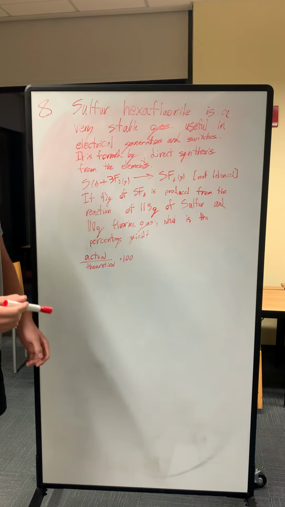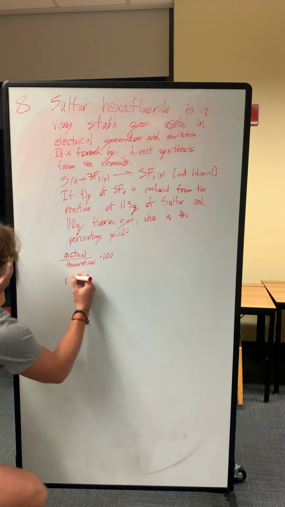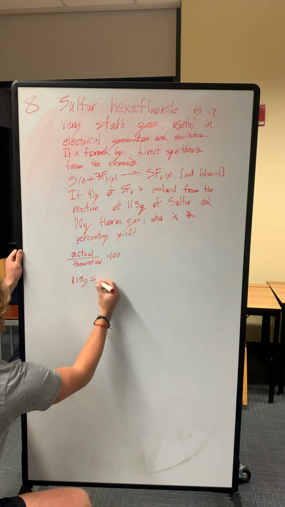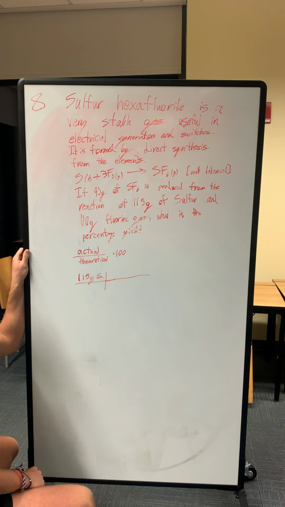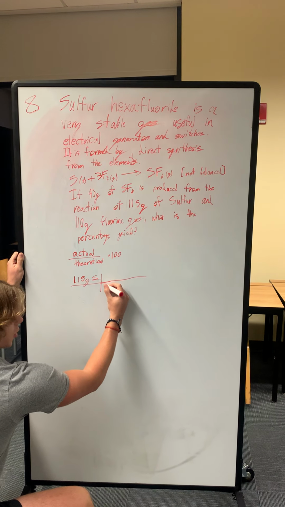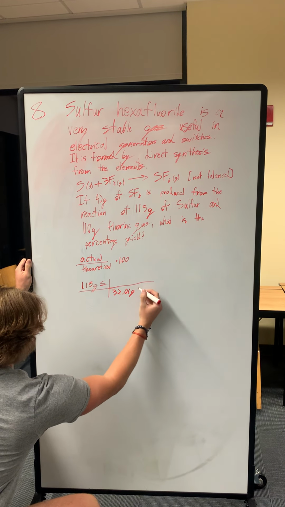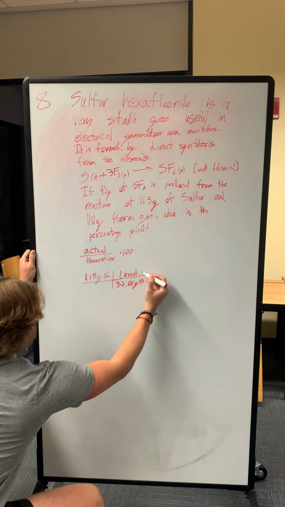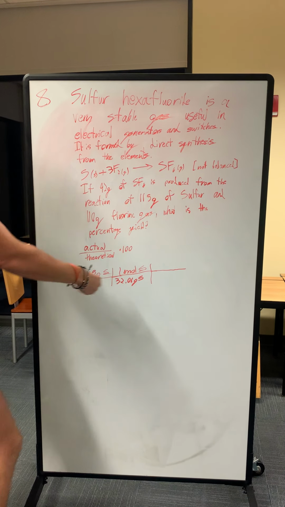To start off, you're gonna go 115 grams of sulfur. Right now you're gonna try to find your moles of sulfur. So you're gonna use the molar mass, 32.06 grams of sulfur is 1 mole of sulfur. So you're gonna calculate that.